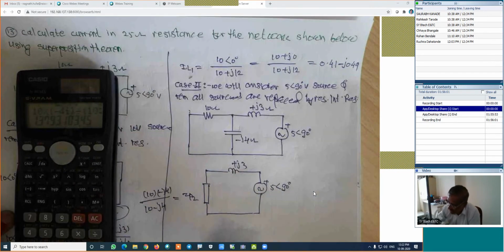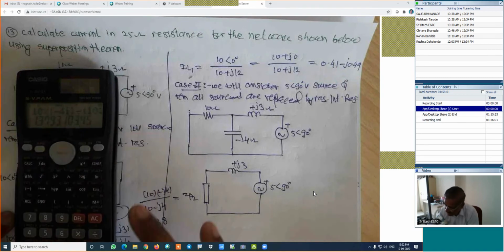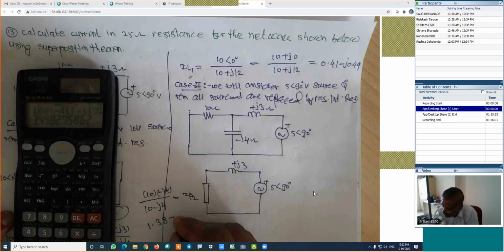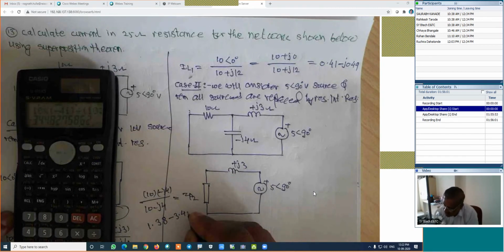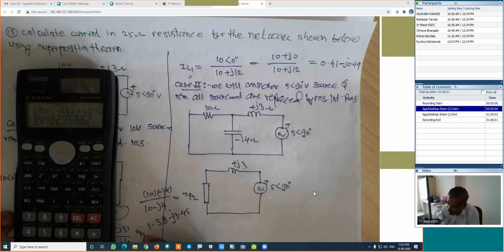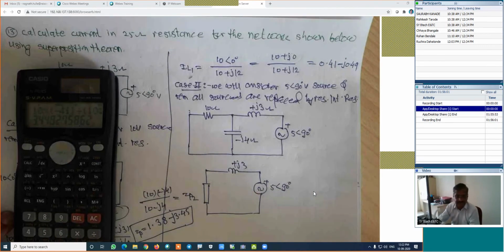This parallel combination is 1.379 plus, taking its value, shift, minus 3.448, means 1.38 minus j3.45. This is ZP, the parallel combination value.